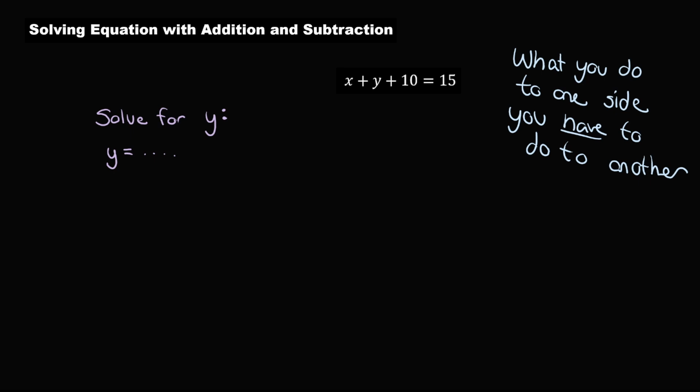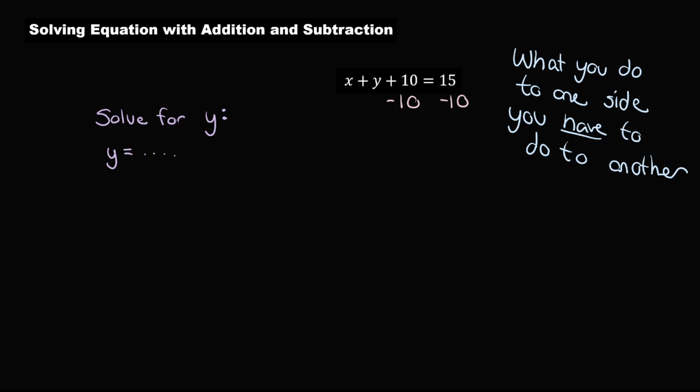And so in this case, since we have the equation x plus y plus 10 is equal to 15, let's get rid of the 10 on the left side. And the way that we can do that is by subtracting 10 on both sides.